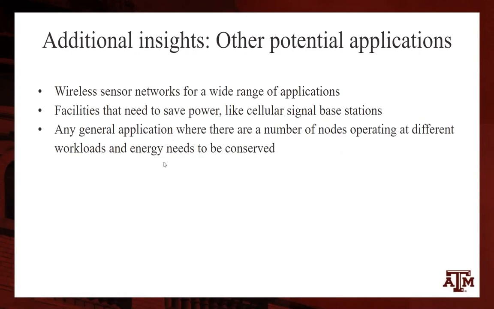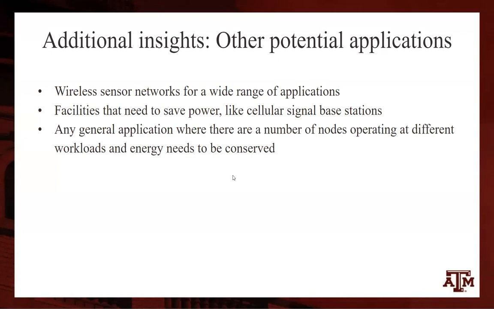Okay, coming to additional insights. Other applications that we were able to come up with were these 3. Energy conservation is a key issue in wireless sensor networks, and this algorithm can be adapted to suit the wireless sensor networks.